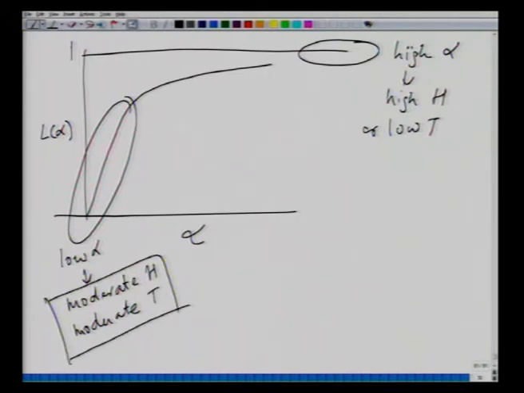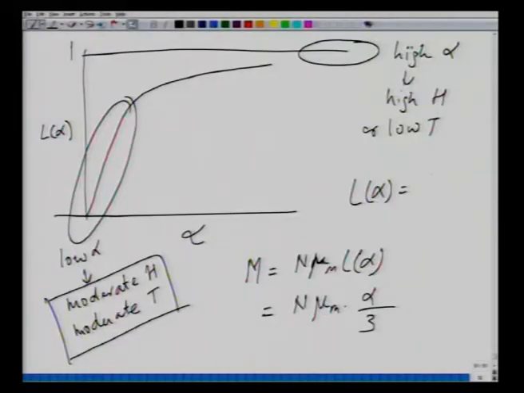So this M, which is given as n mu m L alpha, takes up a value of n mu m alpha by 3 at these lower values, for all practical fields and at low enough temperature. So L alpha becomes equal to alpha by 3 under these conditions.